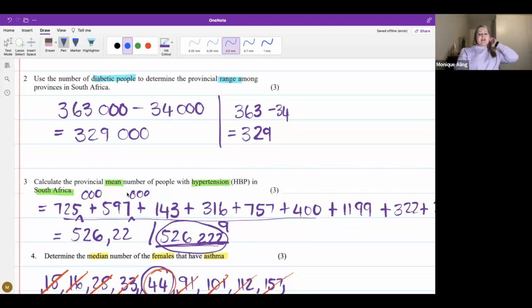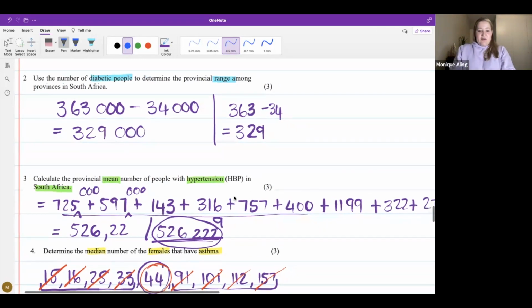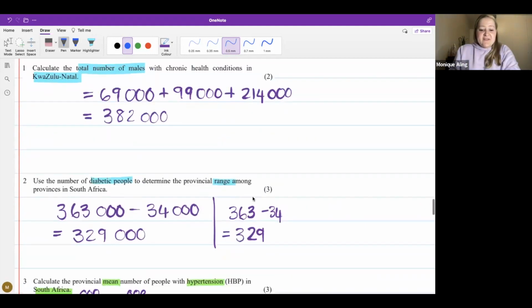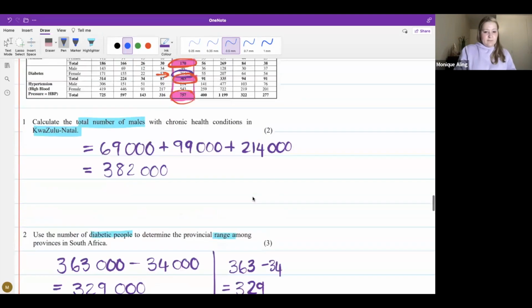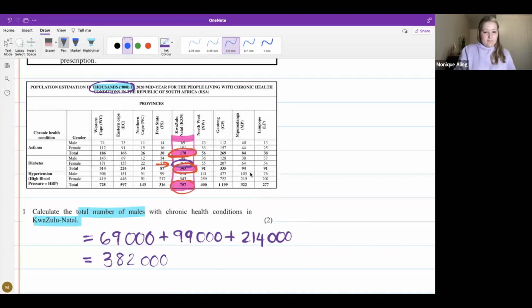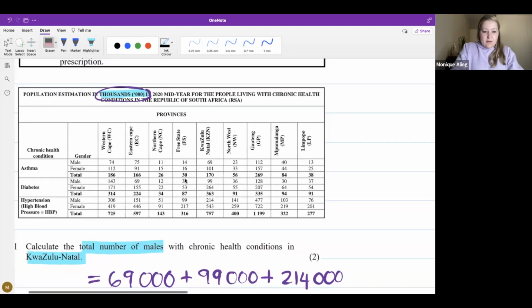Okay, so calculate the provincial mean number of people with hypertension in South Africa. So we were looking at hypertension specifically. Get my highlighter quickly.